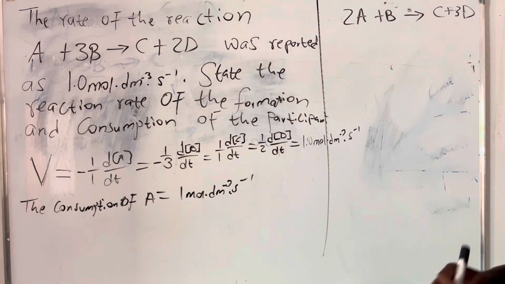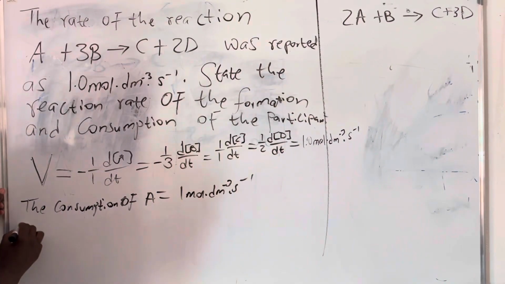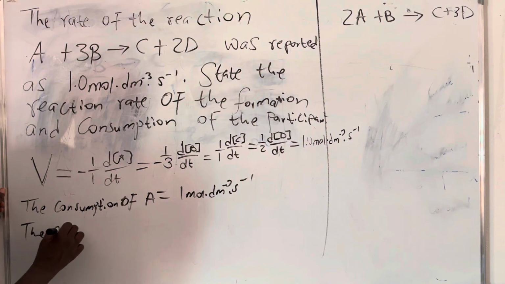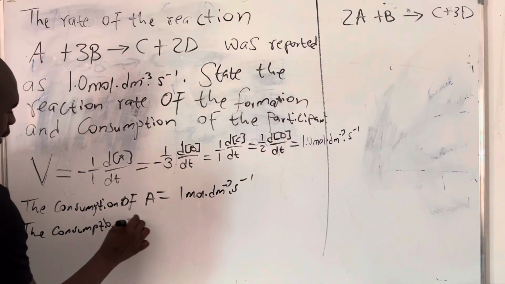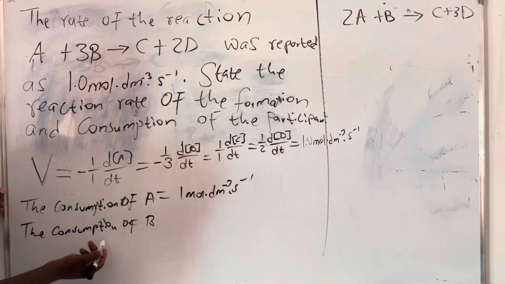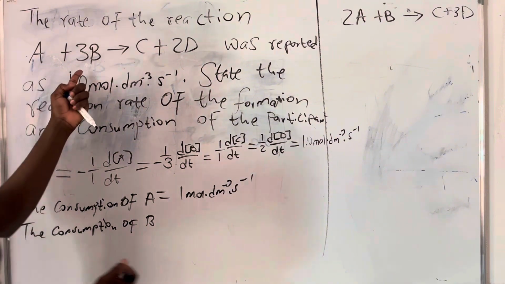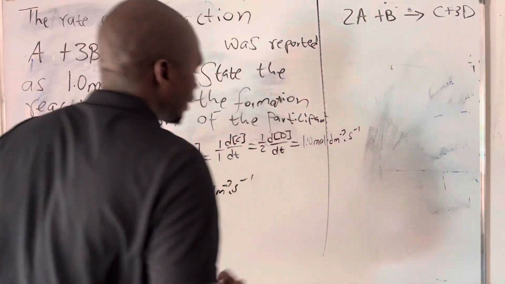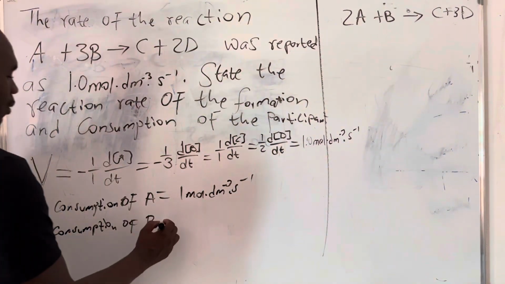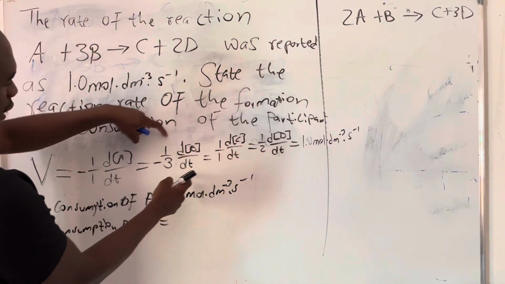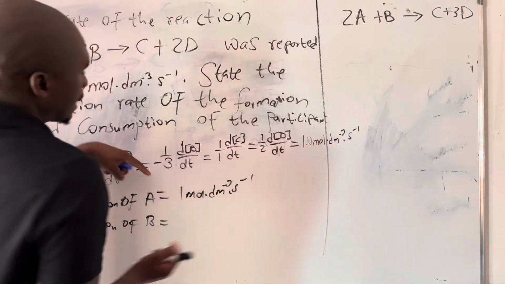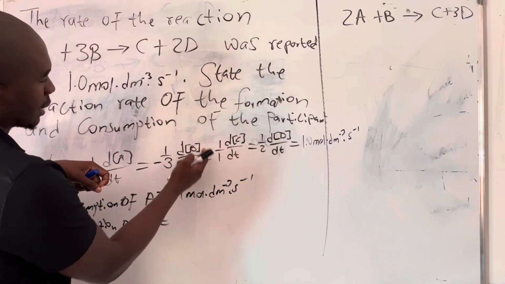Now, what about the consumption of B? Remember, B is on the reactant side, so we talk about consumption. The consumption of B will be equal to, let's check it out. We are relating this one and that one, right? The rate is this part here, right?